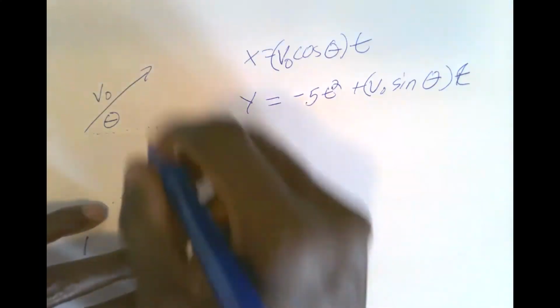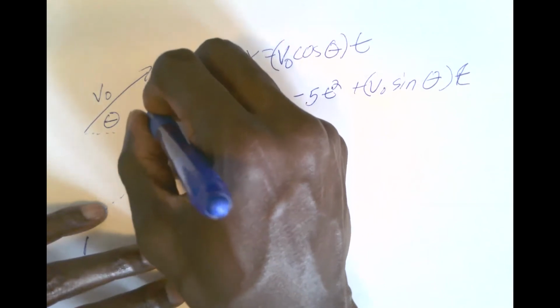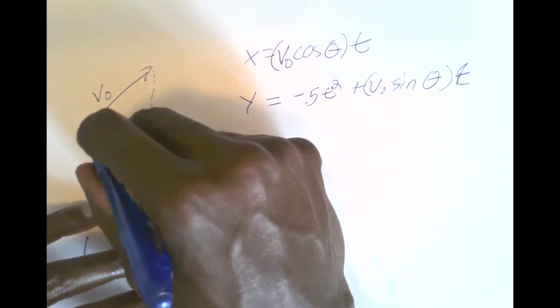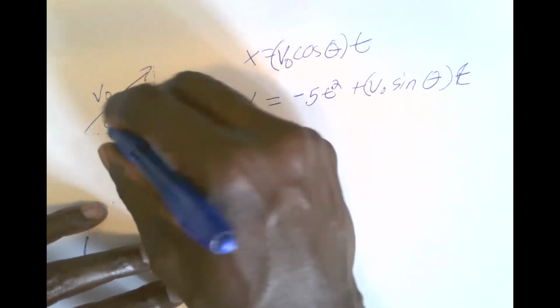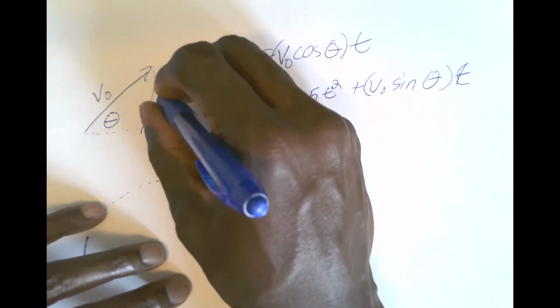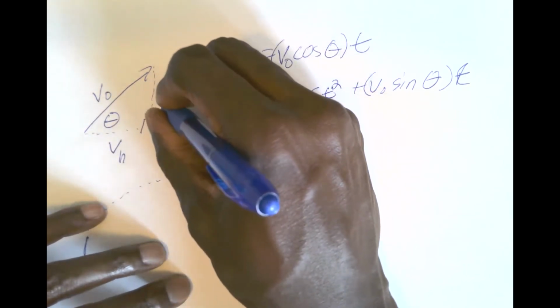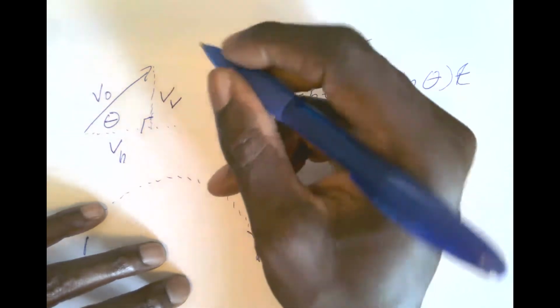If we go back to this vector projection here, this is the velocity vector, and it has a horizontal component which we can call VH, and a vertical component which we can call VV.